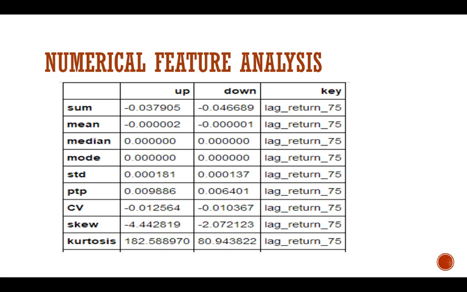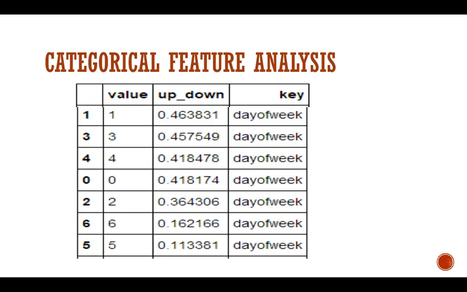The stats categorical function could be used to show the probability of up or down when the categorical variable takes different values. From the result of categorical variables, we got some interesting discovery.